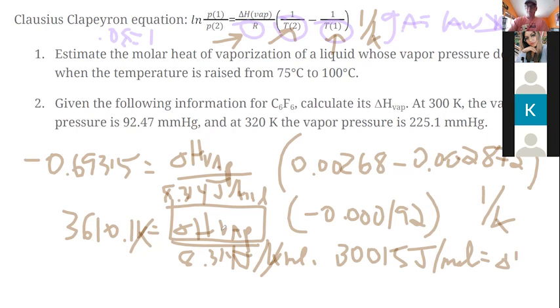delta H vap. So when I convert that to kilojoules per mole, what do I get? 30.015. Yeah. I just put a decimal point right there. So how many significant digits should I give?